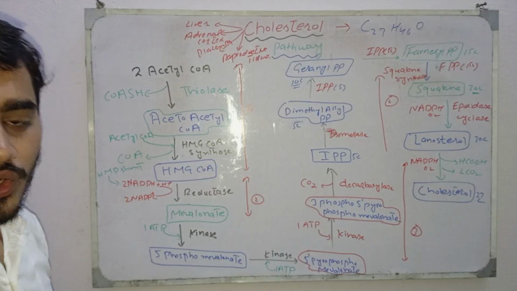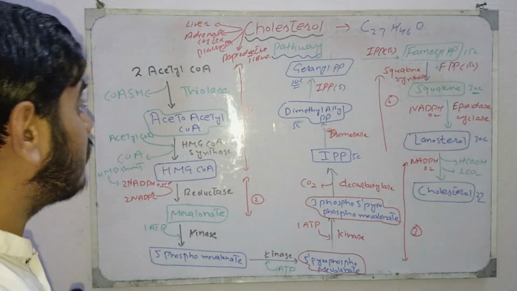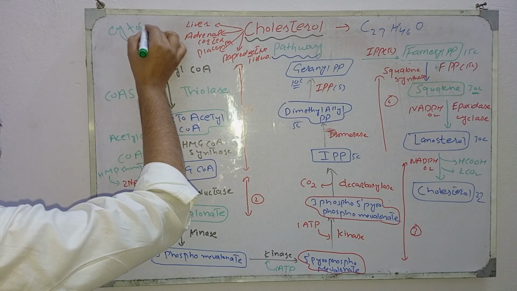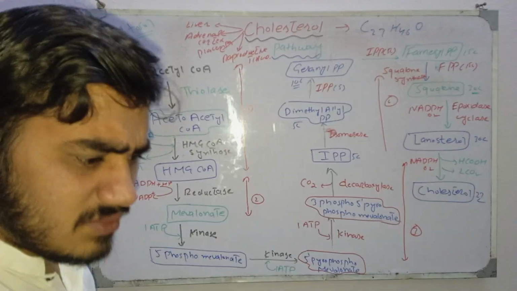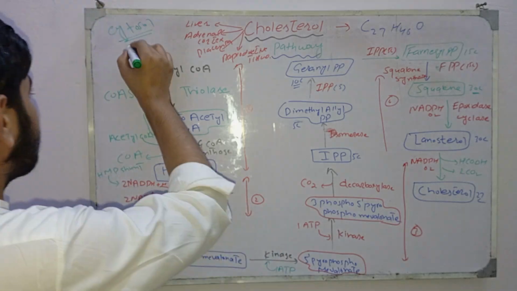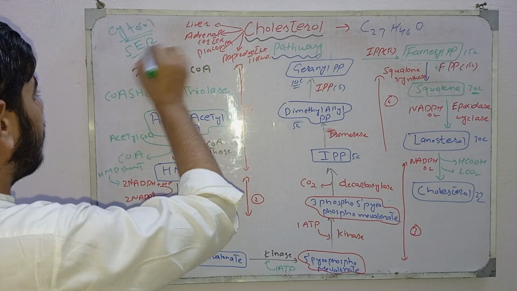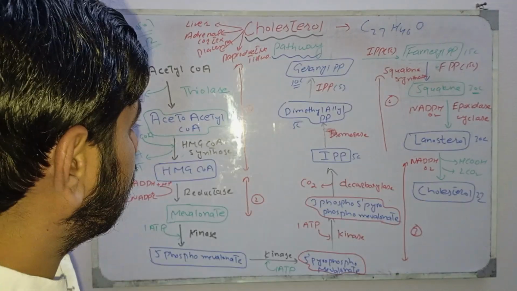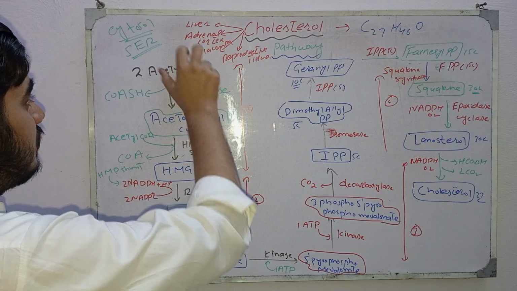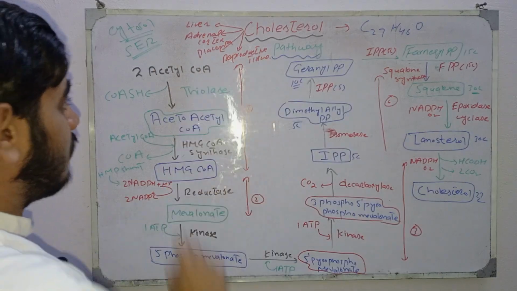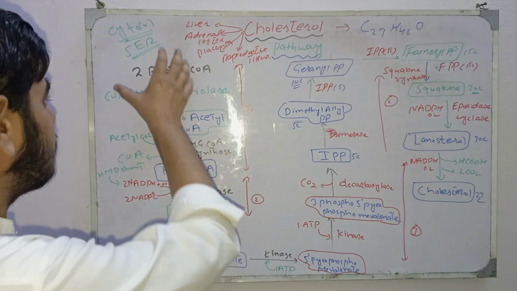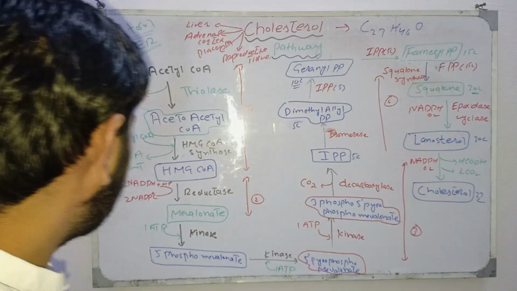And the important organelle for the cholesterol biosynthesis is cytosol. And some other steps also occur in the smooth endoplasmic reticulum. Cholesterol biosynthesis takes place in liver, adrenal cortex, placenta, reproductive tissues, and the important organelle is cytosol, and some steps occur in the smooth endoplasmic reticulum.